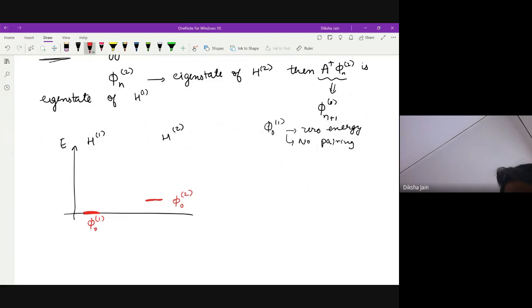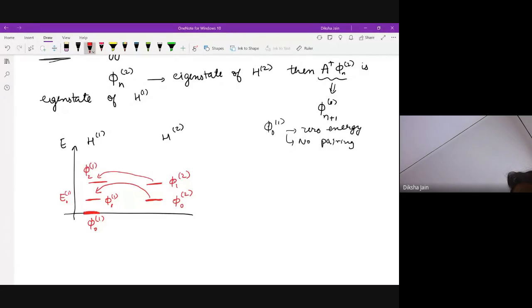And now there is the first excited state of 1. So now this state should be paired to something. This is paired to the first excited state. So these two states have the same energy. Let me call it E1 of 1. And then phi 1 of 2 will be paired to phi 2 of 1.